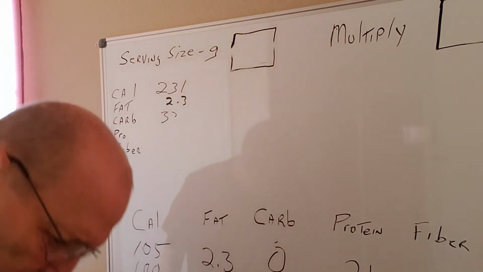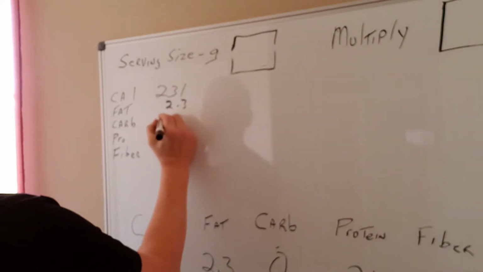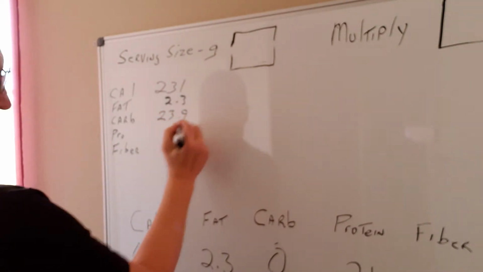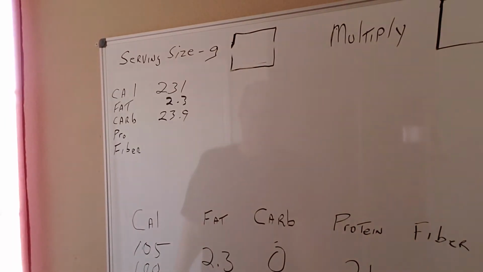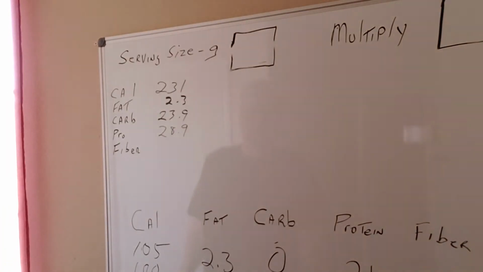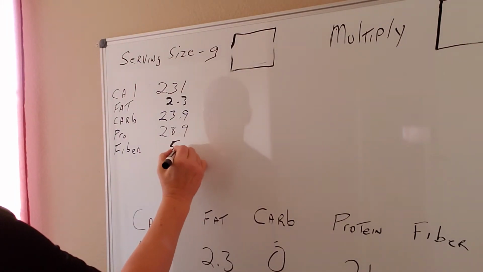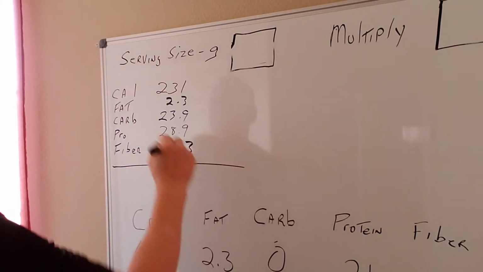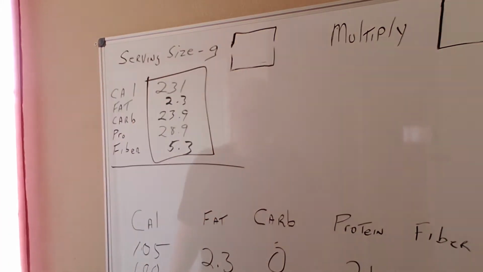Oops, I'm a little dyslexic here. My protein, 21 plus 4 plus 3.9, is going to be 28.9. And then for the fiber, I've got 5.3. So those are my numbers for this entire meal.